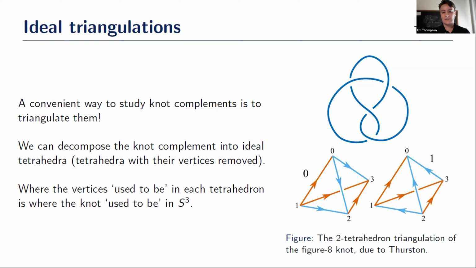And yeah, you can chop it up into however many tetrahedra you need, and then you have gluing information to tell you how to recover that space. So these things are kind of hard to picture. I've given you the triangulation for the figure 8 knot complement, but the intuition is that where the vertices used to be in the tetrahedron is where your knot used to be in S3 when you glue these tetrahedra together.